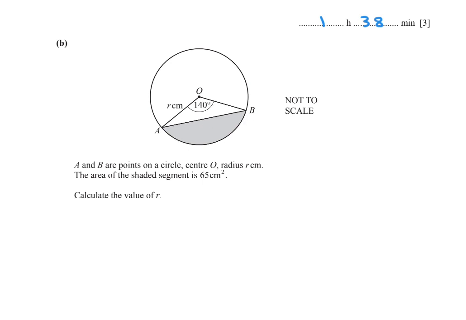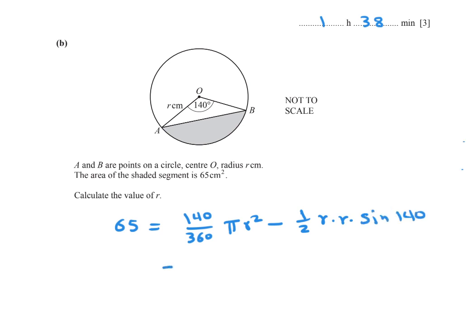So 65, the area of the segment, equals the area of the sector, which is 140/360 times πR², minus the area of the triangle, which is half times R² sine 140.